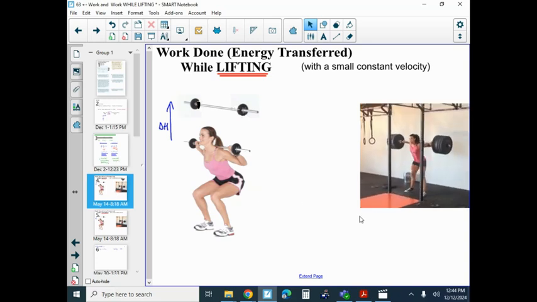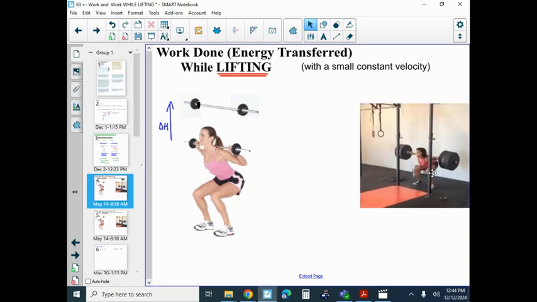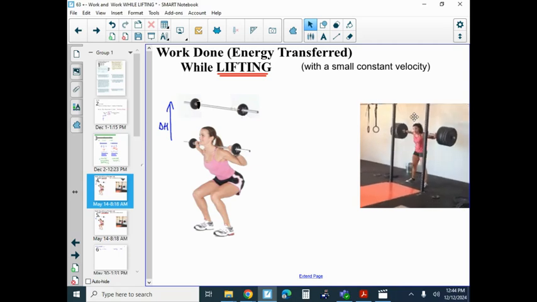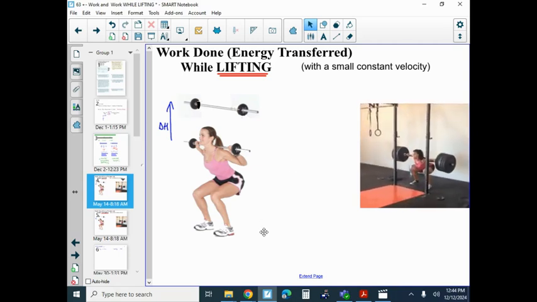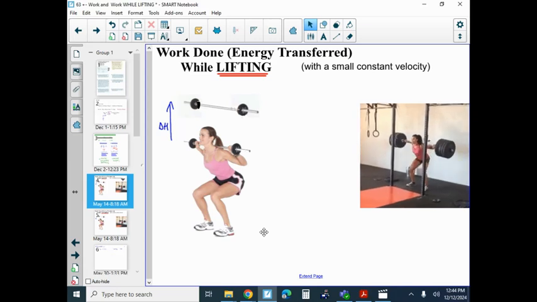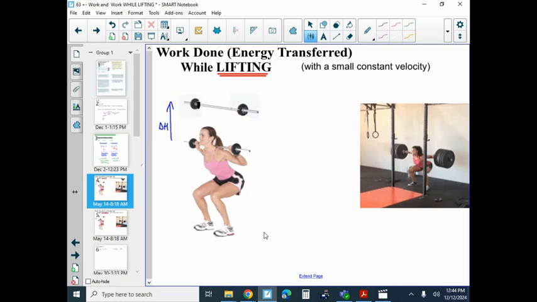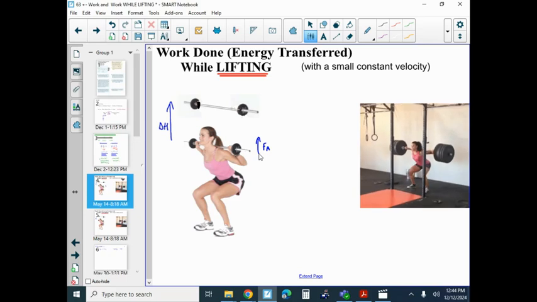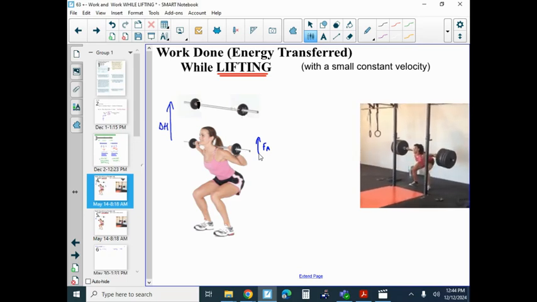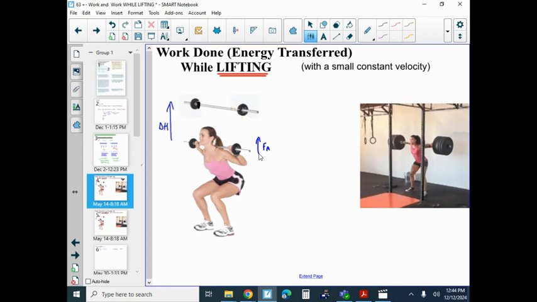So here's a little GIF along the side here of someone doing work. If you're lifting the thing, I don't know where the rest of her weights went, but anyways, if you're lifting, then you've got an applied force, right? And you've got this lift, or the displacement in the positive direction as well.